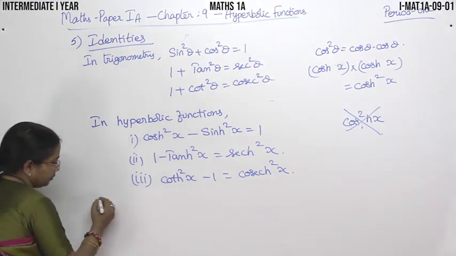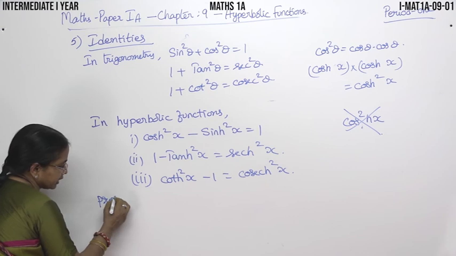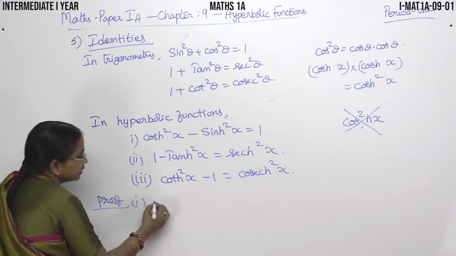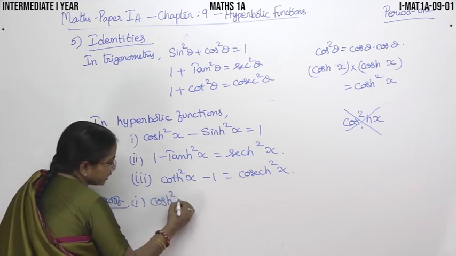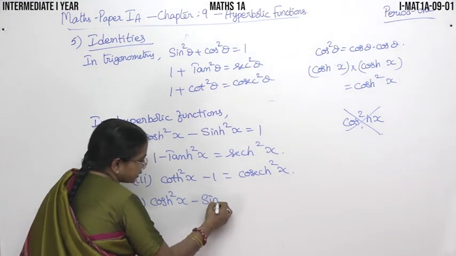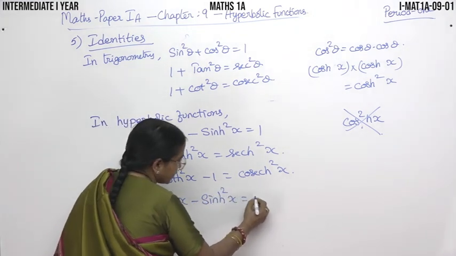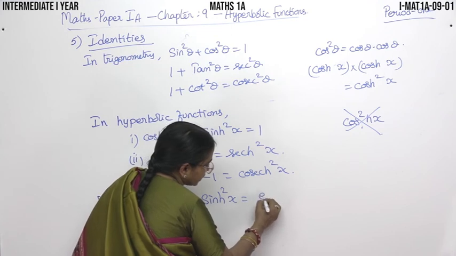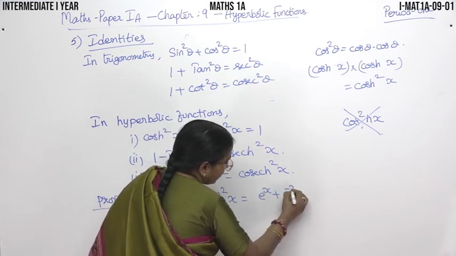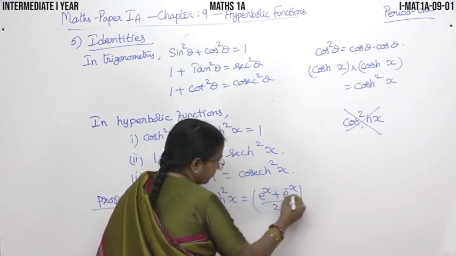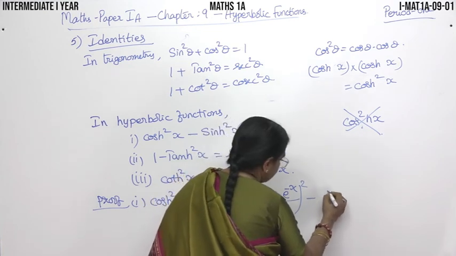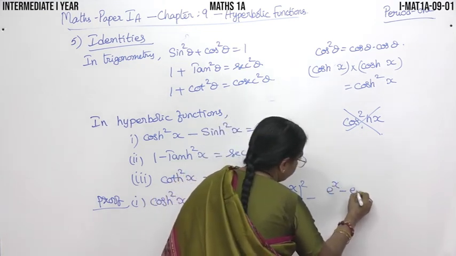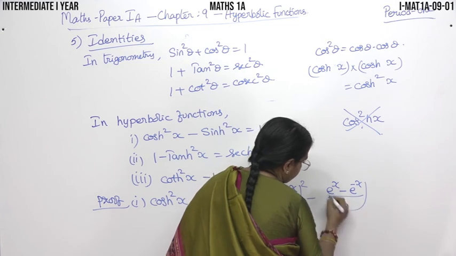So we'll prove them. The proof is like this. First one, learn the proof also, how we are doing. Cos h square x minus sin h square x. So cos hx formula, we'll write. What is cos hx? E power x plus e power minus x by 2, whole square, minus e power x minus e power minus x by 2, whole square.